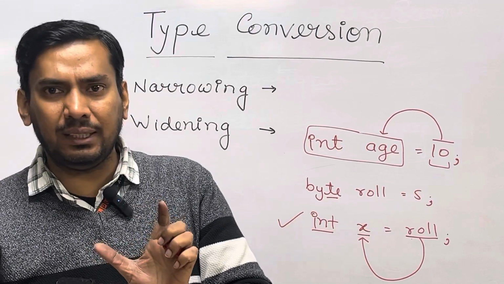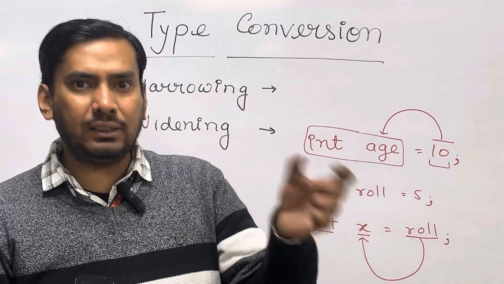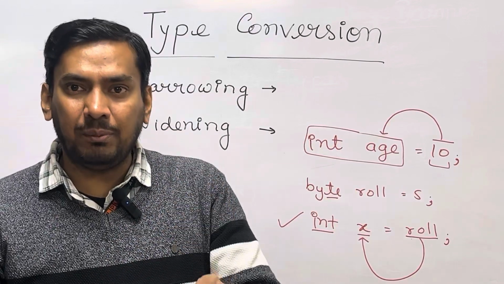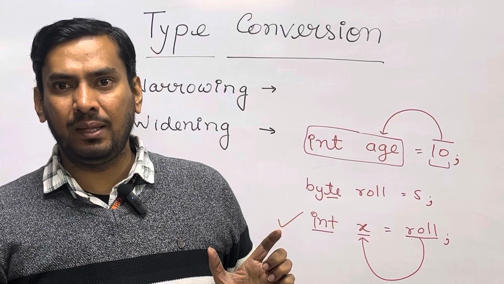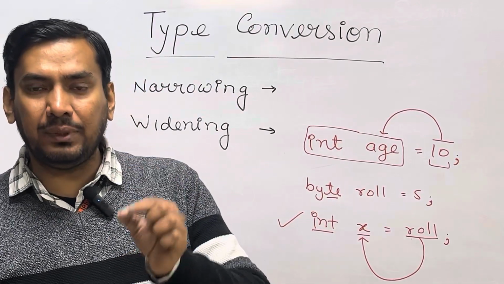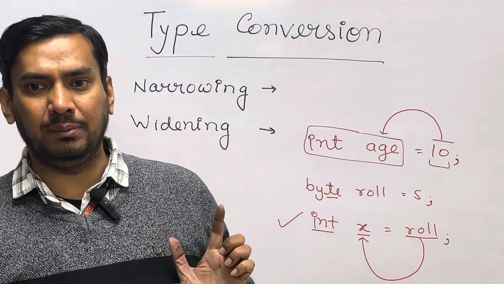Some loss will be there definitely. So that loss is to be explicitly permitted by the programmer. Narrowing should be explicitly accepted and mentioned by the programmer.